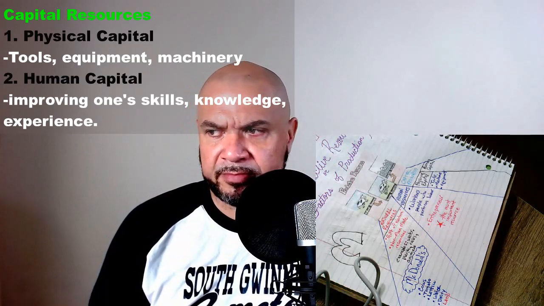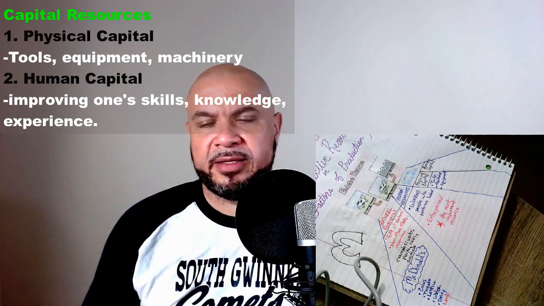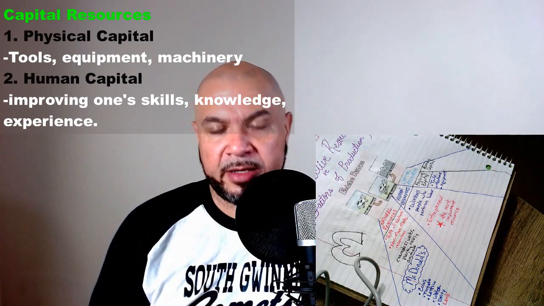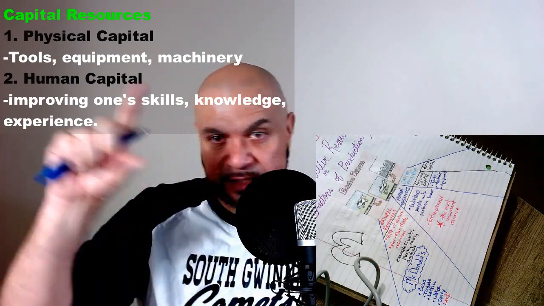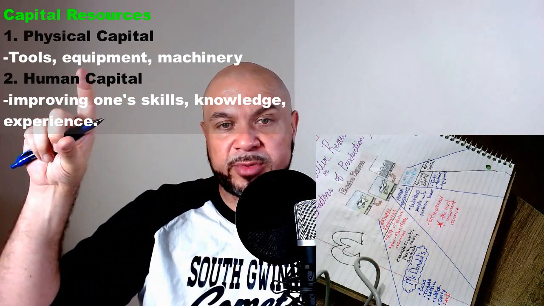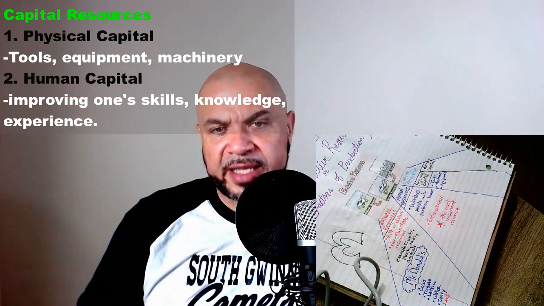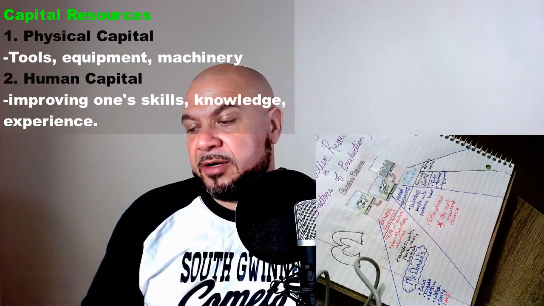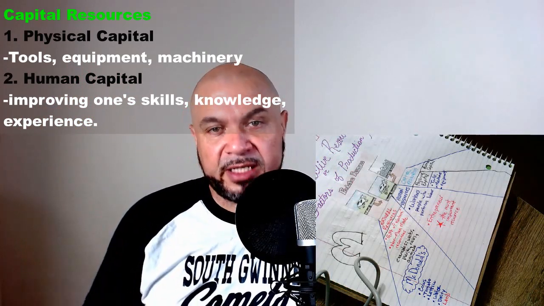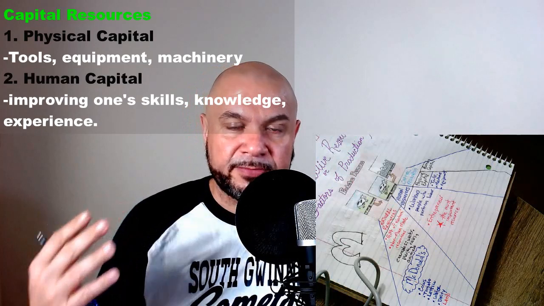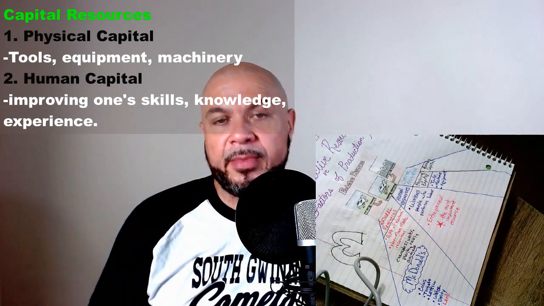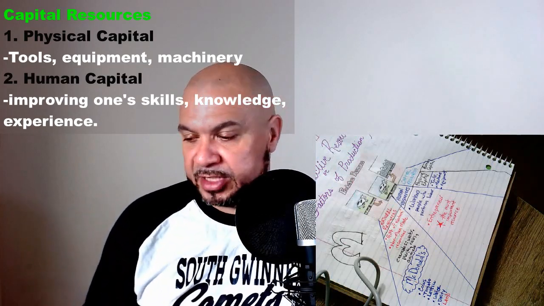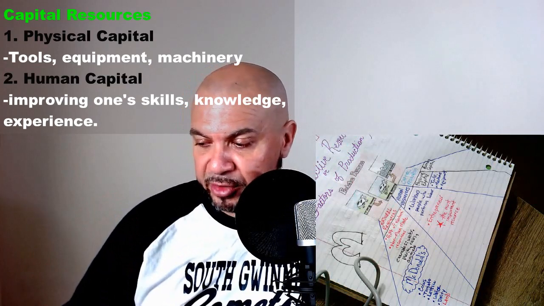The apple pie machine, the chairs in the lobby, the menu that's displayed to where we can look and see what items we want to buy. Those aren't free for McDonald's. They have to purchase those things, right? So therefore, we're talking about tools, machines, equipment that businesses buy one time that bring them back profit. So physical capital, tools, machine, equipment.